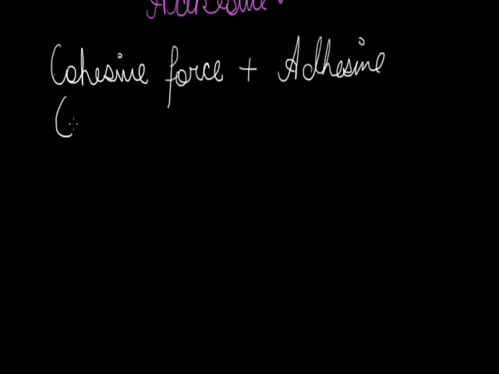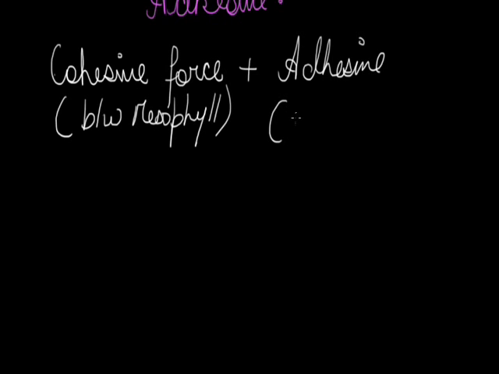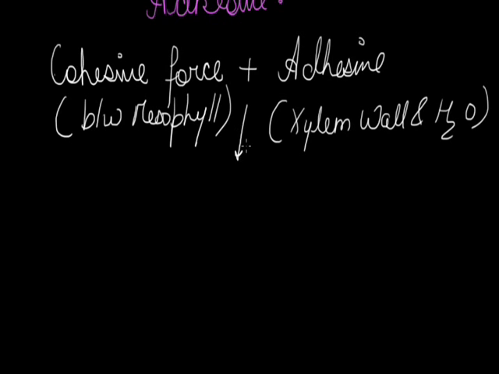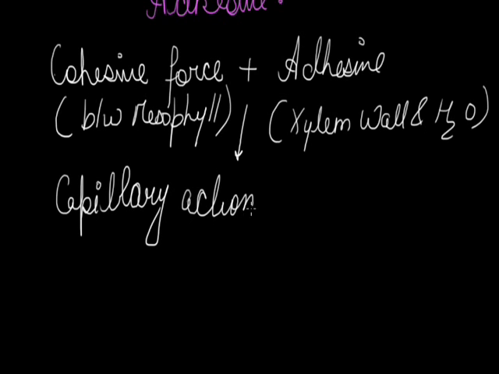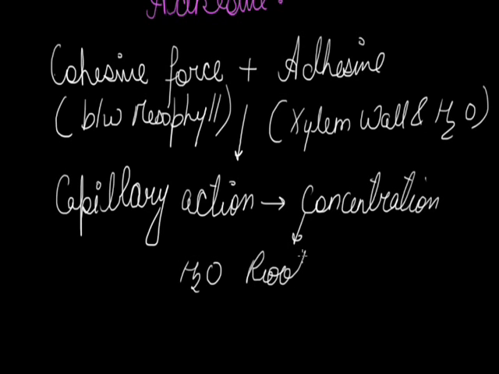So here, the cohesive force between similar cells like the mesophyll cells, and the adhesive force between the xylem wall and water, together create a vacuum by which a capillary action is generated. Due to that capillary action and on the basis of concentration, the water moves from the roots to the top of the plant.